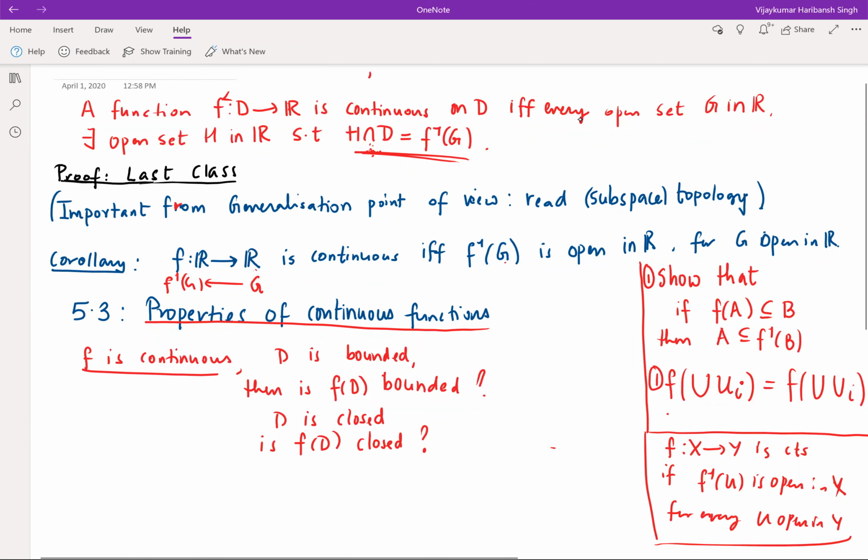So first of all, the first part is not true. D being bounded does not give that f of D is bounded.